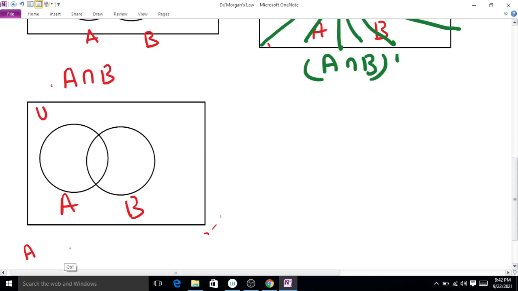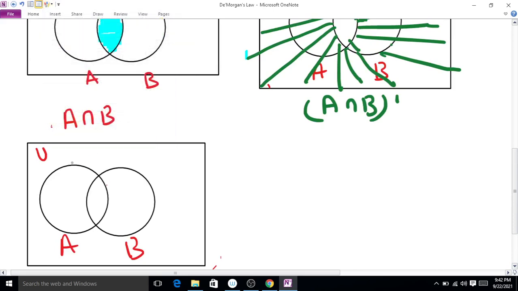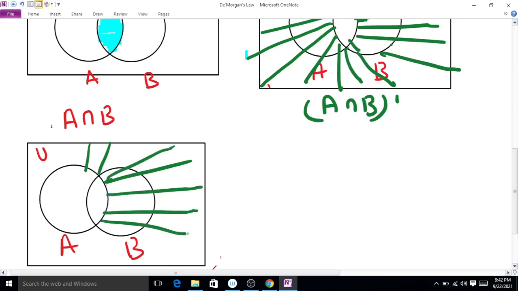So first we want to determine A complement. This is the A complement, this part is A complement.